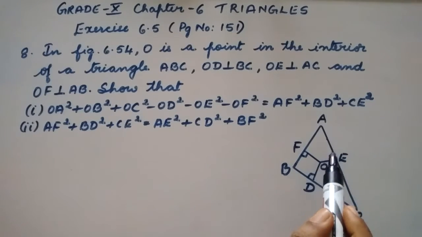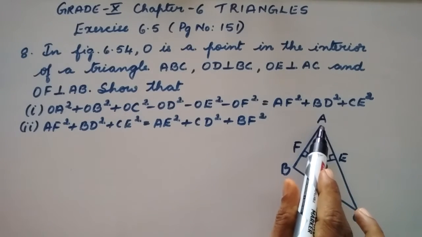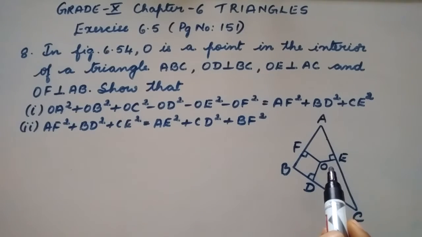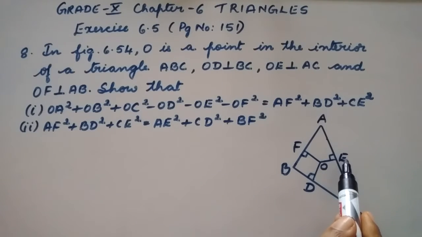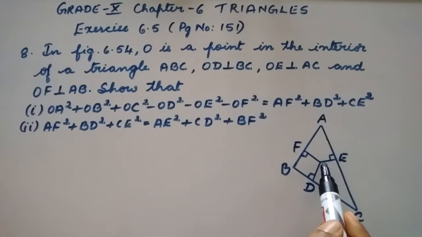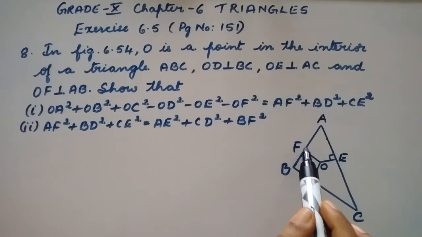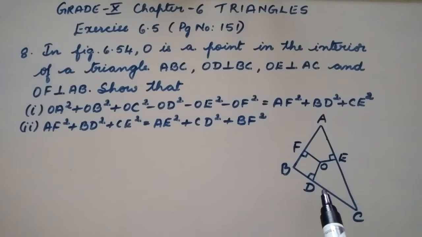Show that OA square plus OB square plus OC square minus OD square minus OE square minus OF square is equal to AF square plus BD square plus CE square.